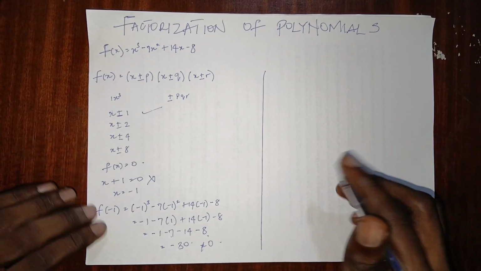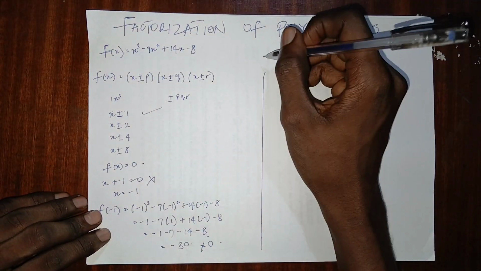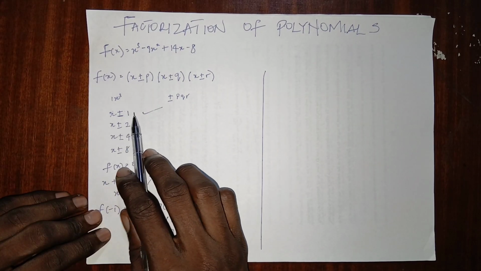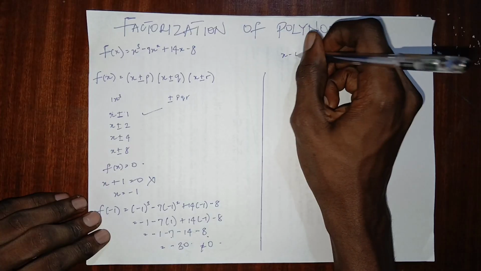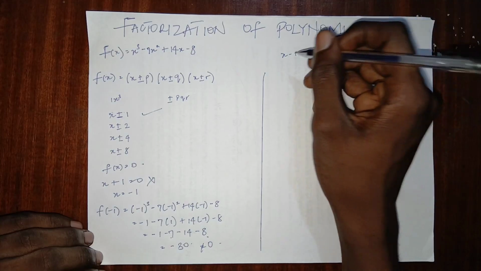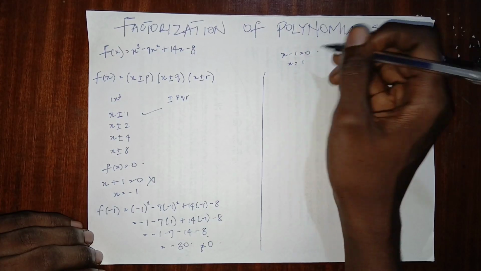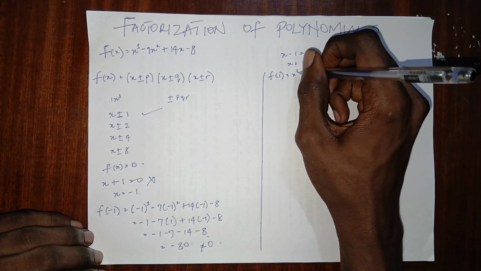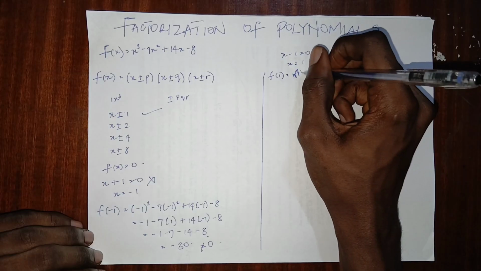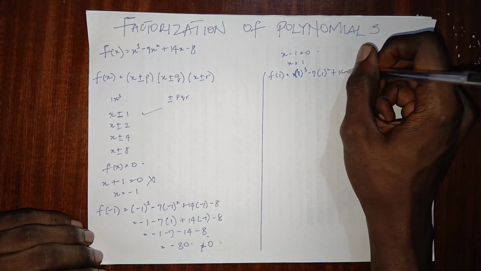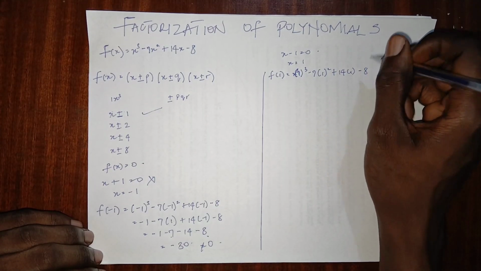So let's try the next one. Since we've tried x plus 1, we'll try x minus 1. So x minus 1 equals 0, it has to be x equals 1. So f of 1: you have 1 cubed minus 11 times 1 squared plus 14 times 1 minus 8.